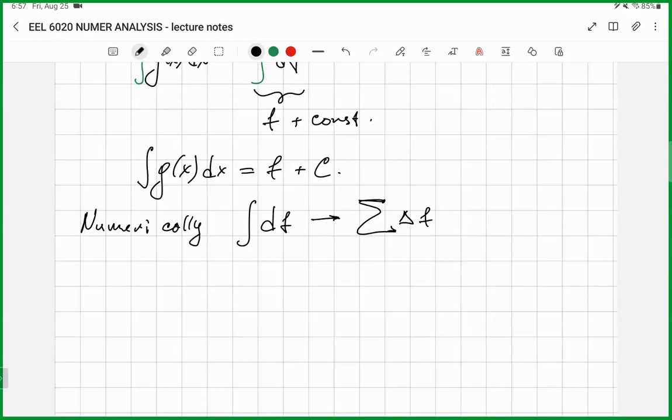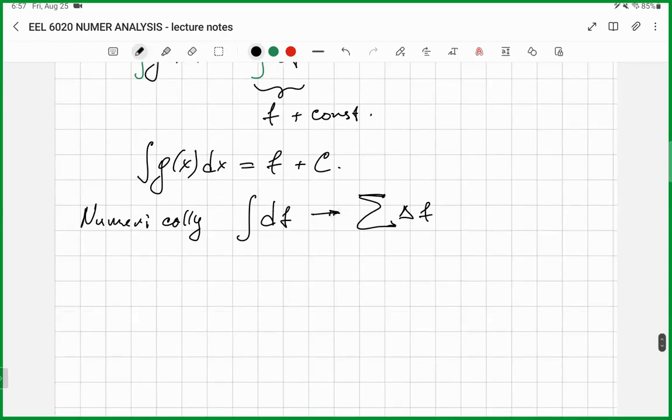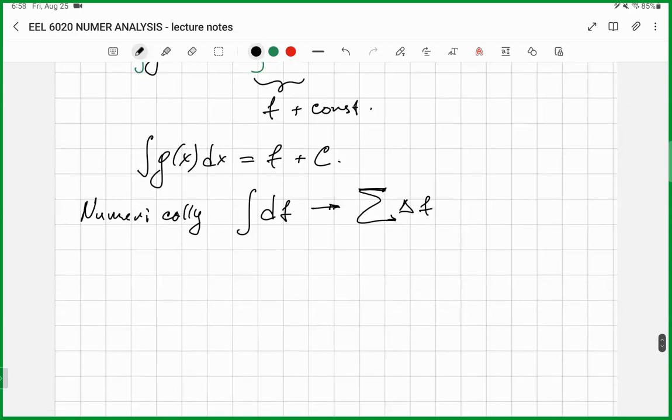Then, for example, in MATLAB, you have to use a summation operand and take the finite change in the field, in the function. If you want to connect this to the change in the coordinate in space, you can divide it by delta x and multiply it by delta x.